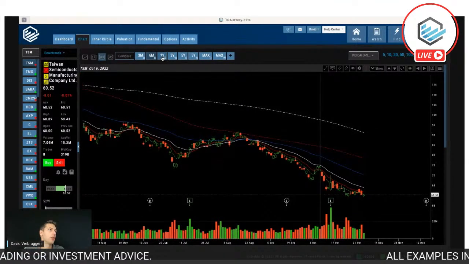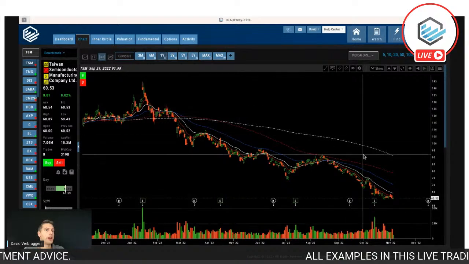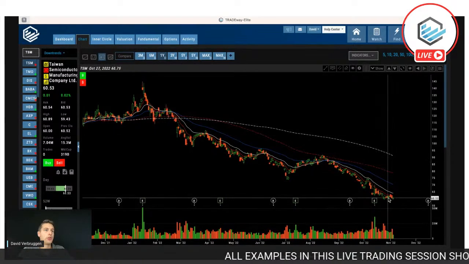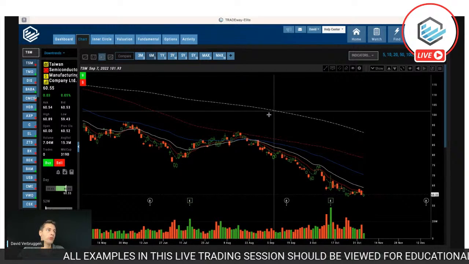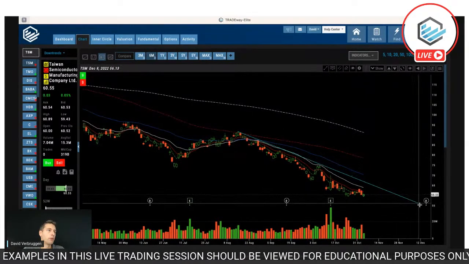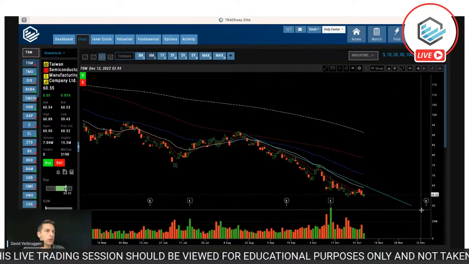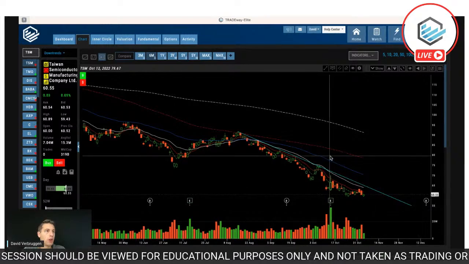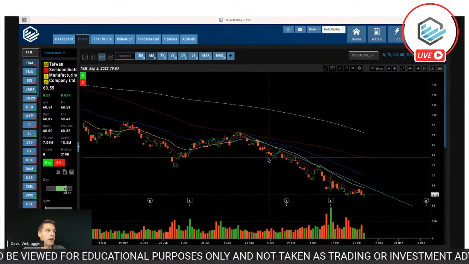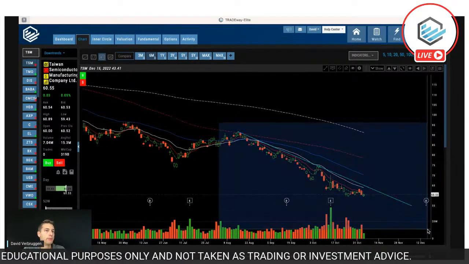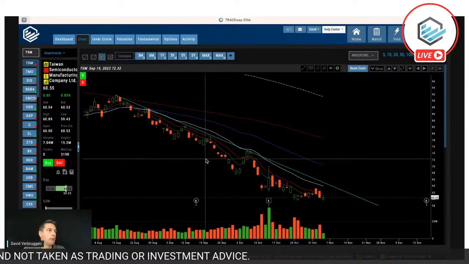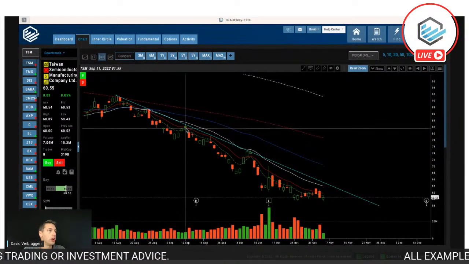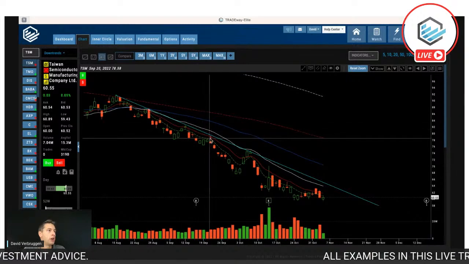On the bigger scale, over a year, it's just been coming down. And in the last few months, it's been coming down nicely as well. Put some lines on here, right about there. And you can see that it not only, let me zoom in, it has bounced off that line and come down a couple times, but it's also been using the 10 EMA right there.